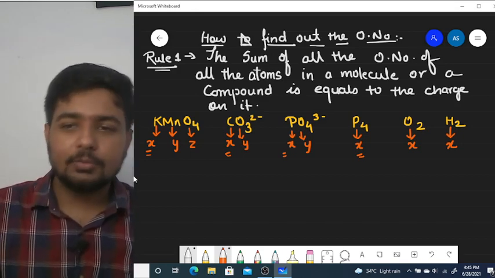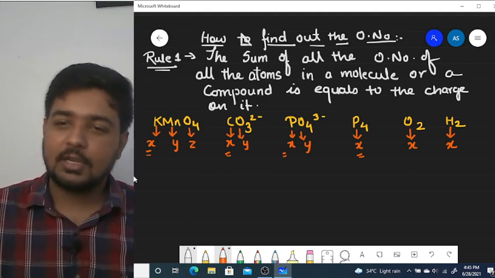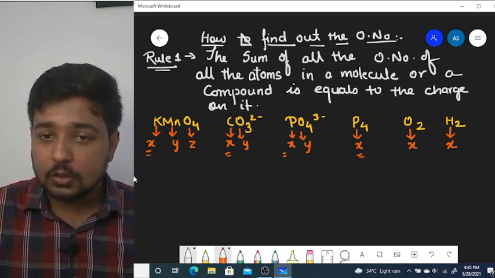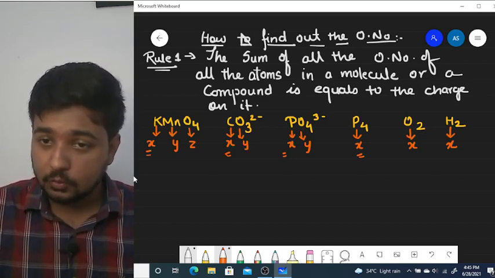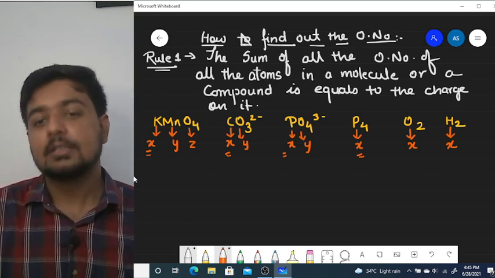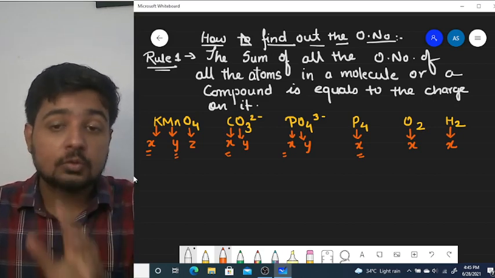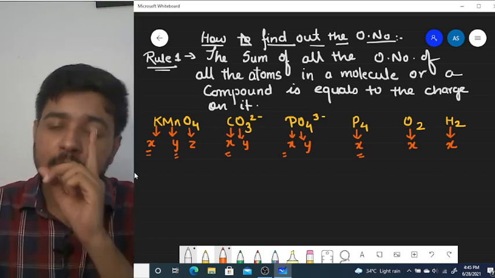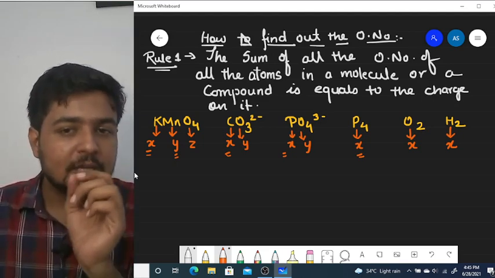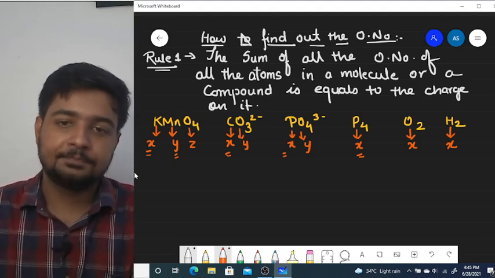We can assume another variable, but by default I have assumed X or X, Y. Always remember, the value of X here will be different from the X here, and different from this X, and also different from this X. Similarly for Y. Another thing you must know is that this X is the oxidation number of a single atom. For example, Z is the oxidation number of a single atom of oxygen, not of all four atoms of oxygen.